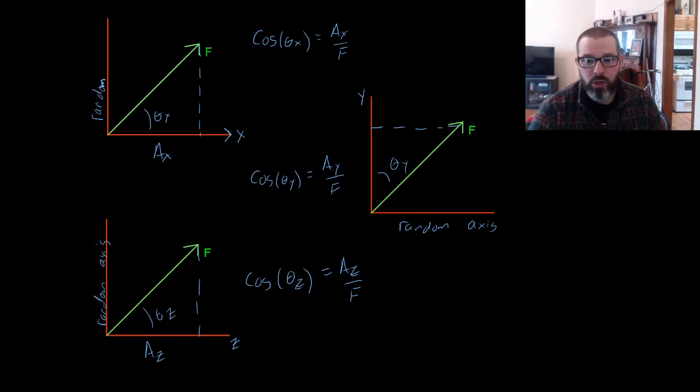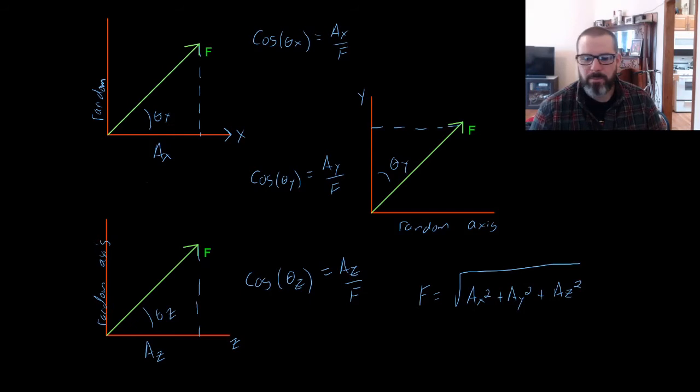If we want to know what f is based on the rectangular coordinates ax, ay, and az, we can use Pythagorean theorem again and say that the force is equal to the square root of ax squared plus ay squared plus az squared.